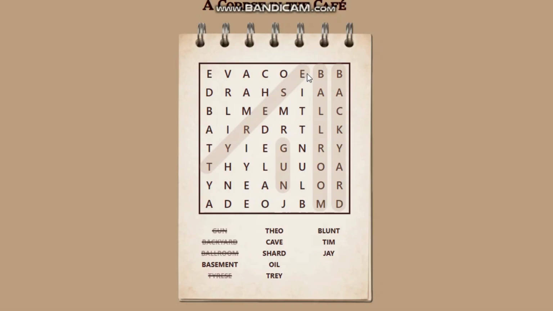No problem. Next up is Theo. Then we got cave. Next up is shard. So what we're looking for is an S. There we go. Then the next word is oil. Then we got tray.